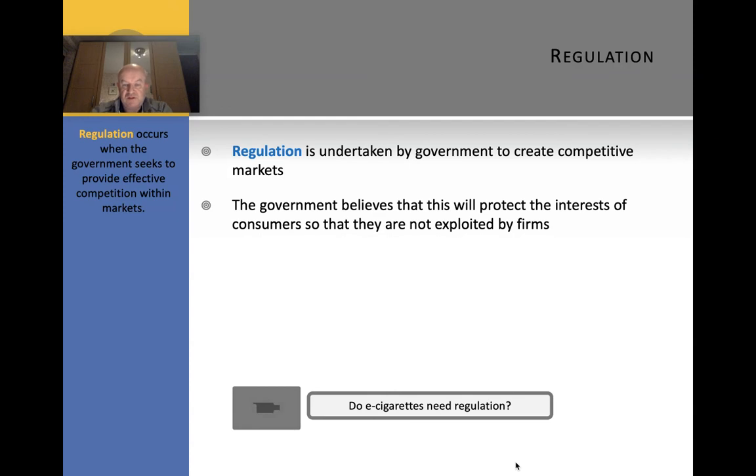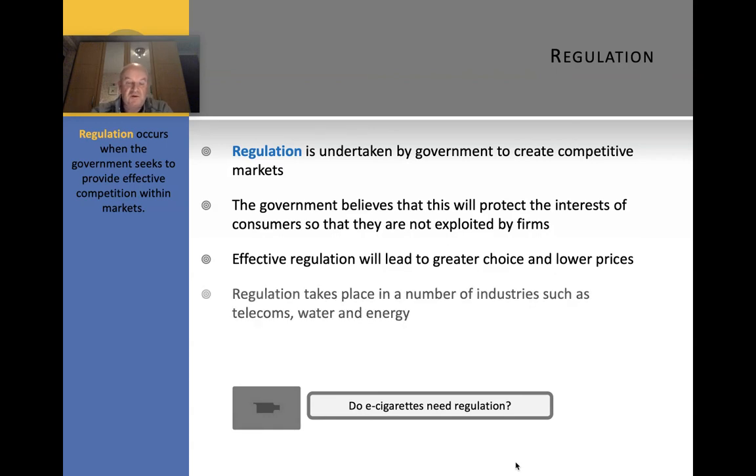So in this instance, it's really about trying to protect the interest of consumers and not allowing any exploitation by firms. And clearly, effective regulation, decent levels of regulation, should lead to greater choice and lower prices.